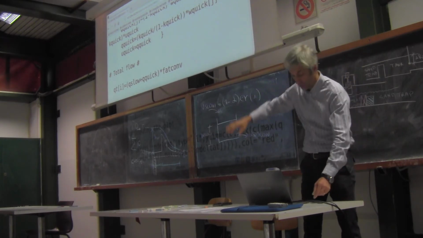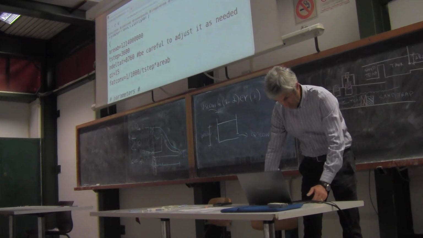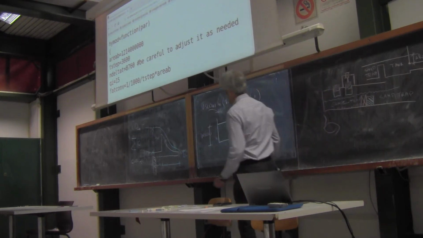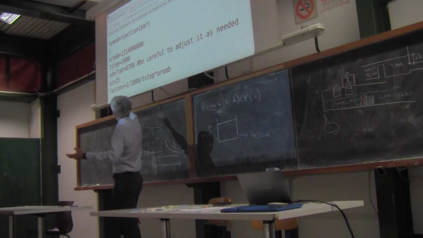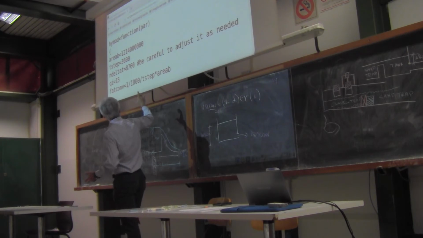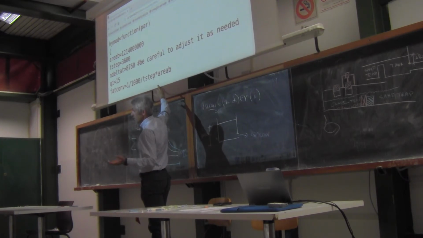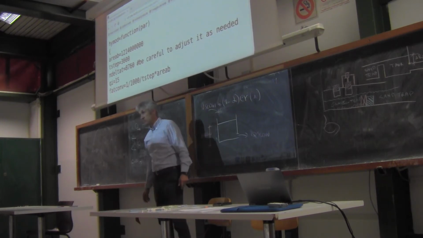I go to the top for just 1 second. Here it is. Conversion factor is equal to 1 divided by 1000 because we want to pass from millimeters to meters. Times time step in order to pass from hours to seconds times area of the catchment.